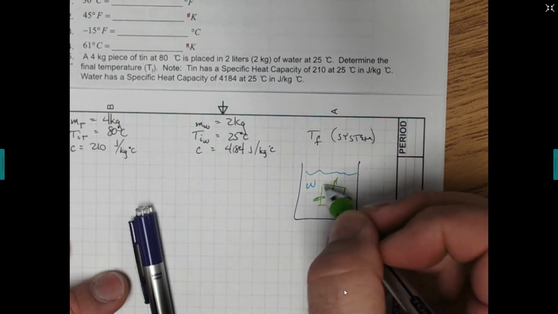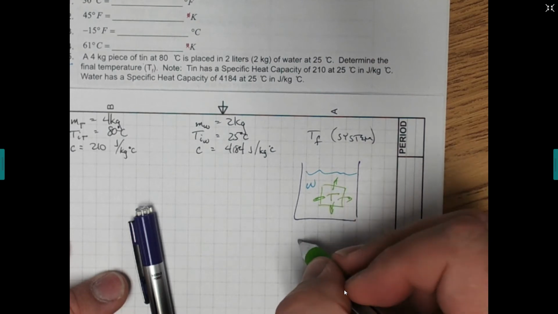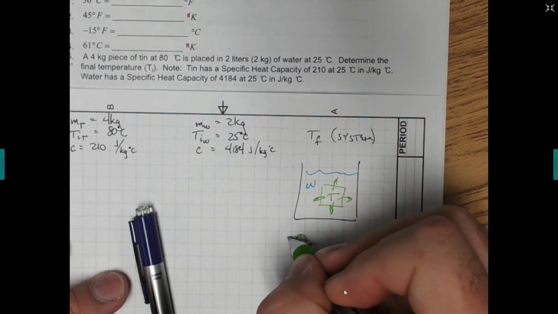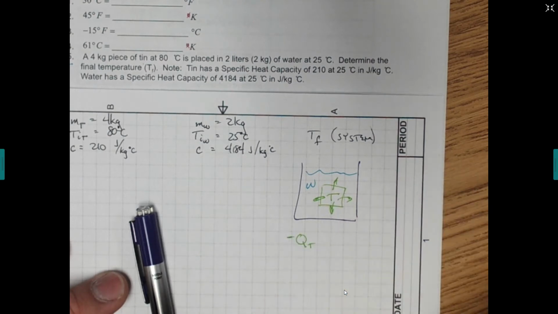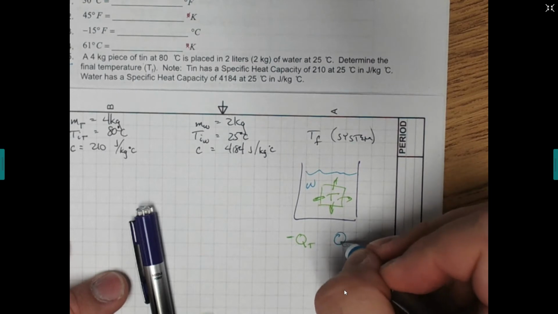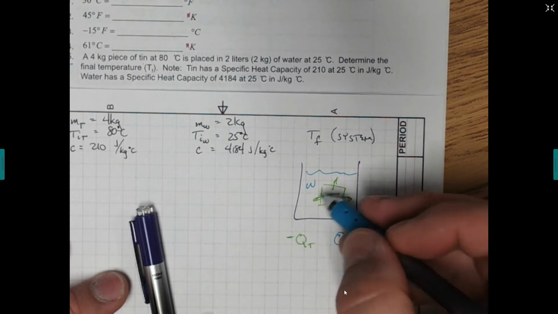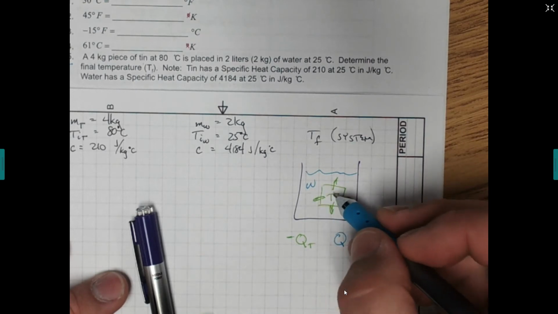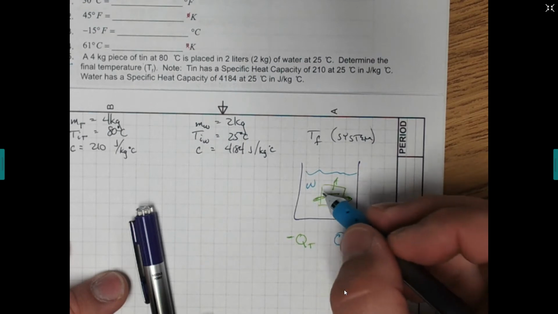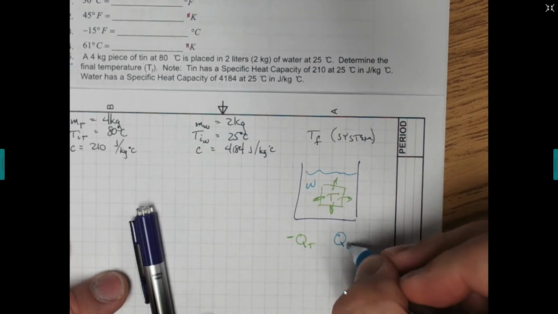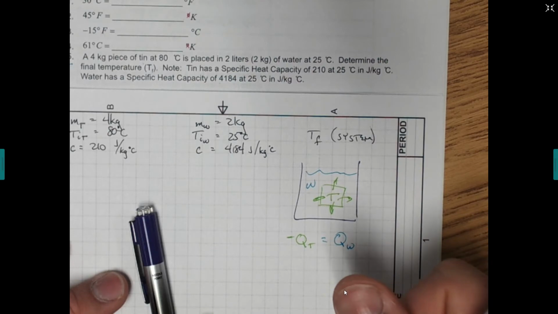The tin is losing energy, so the tin is losing Q. The energy the water gains is the exact amount of energy the tin gave up, because that's the system. The tin's losing energy, the water is gaining energy. Those two things must be equal.